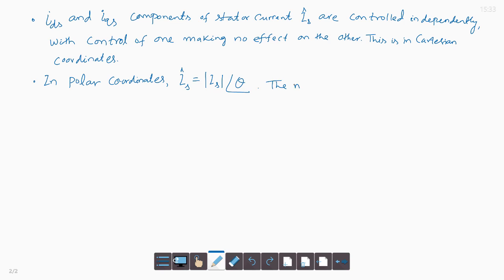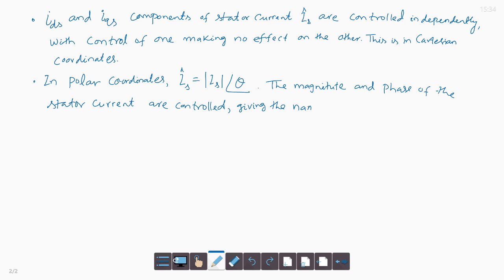The magnitude and phase of the stator current are controlled, justifying the name vector control.